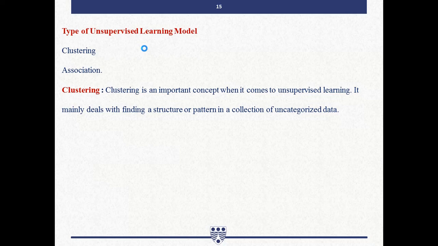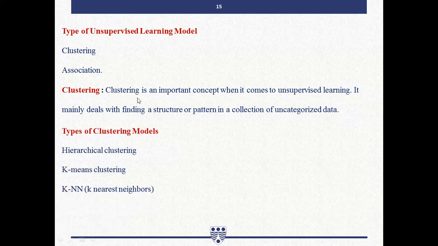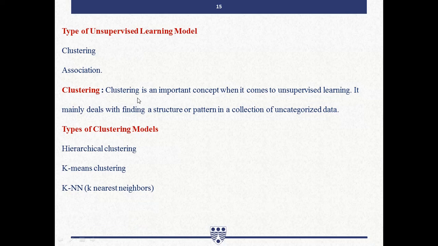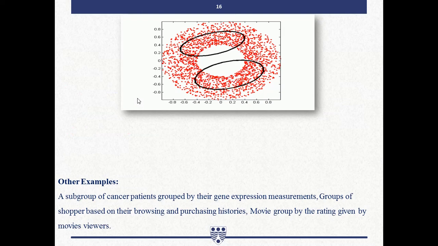Maybe they have so and so, you can figure it out. That's what we basically do in unsupervised machine learning, clustering to be precise. We have clustering models like k-means clustering, k-nearest neighbor, and others.